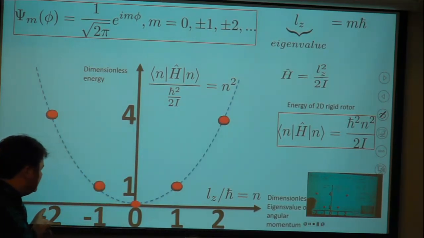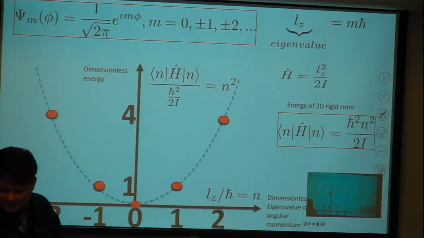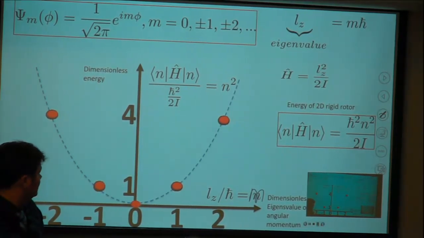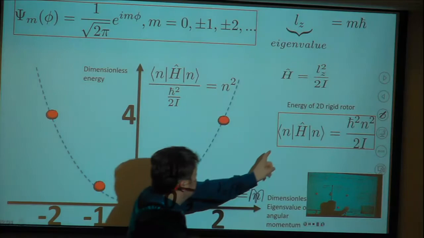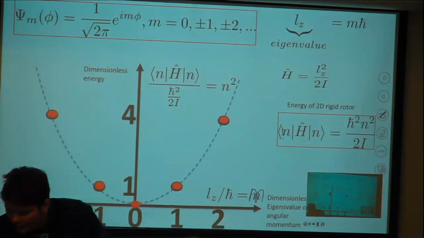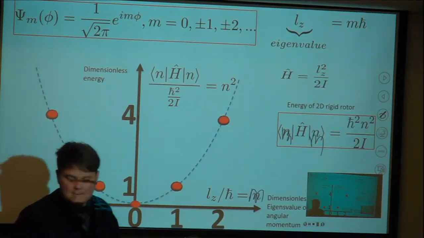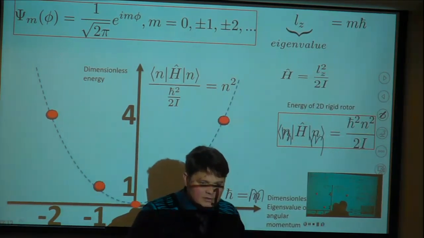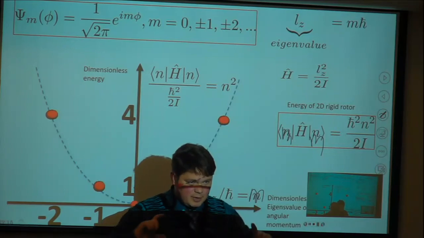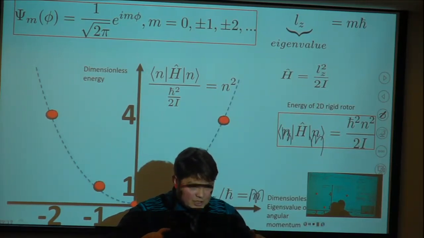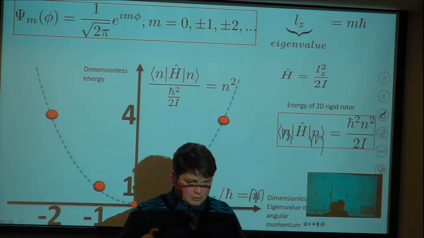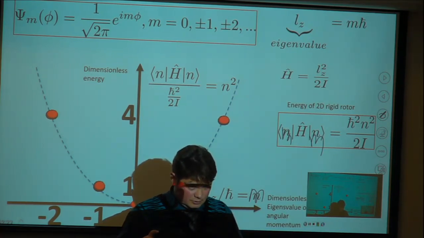So here is your m quantum number, and then we can take the matrix element of the Hamiltonian in the basis of these functions, which will give us the energy of rotation, right?